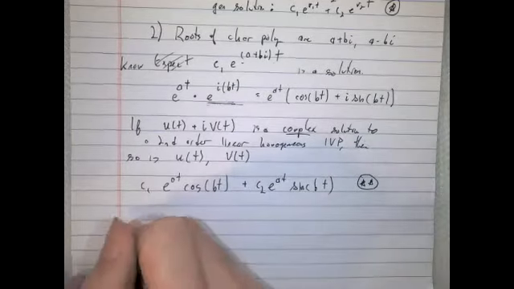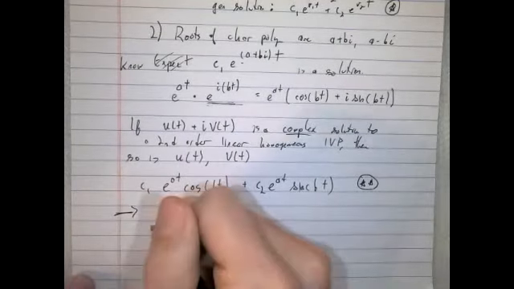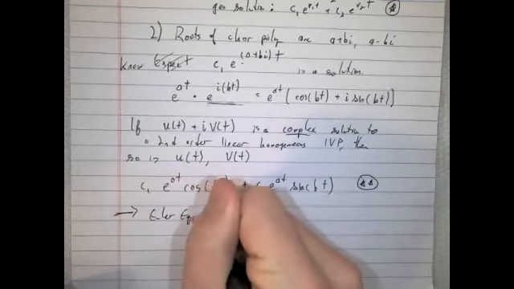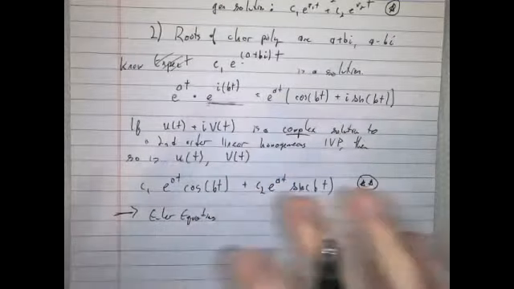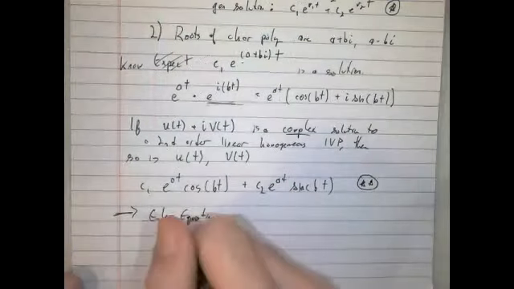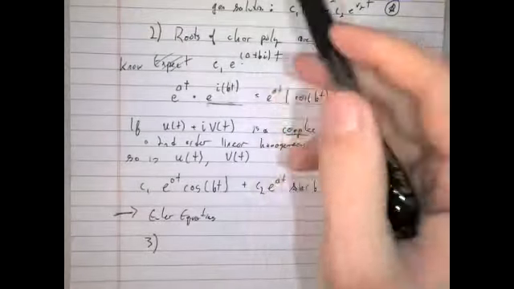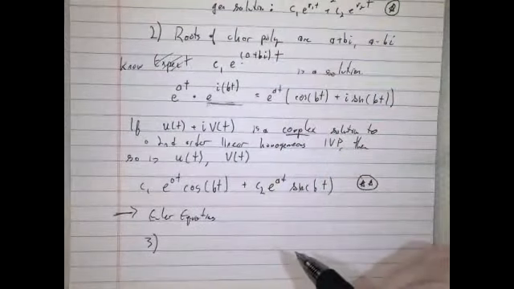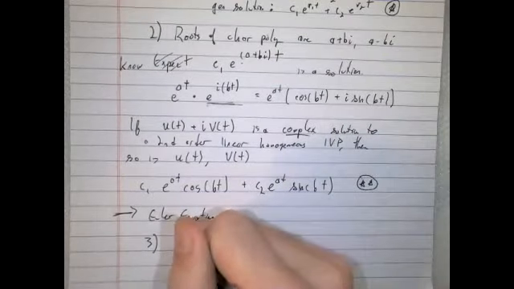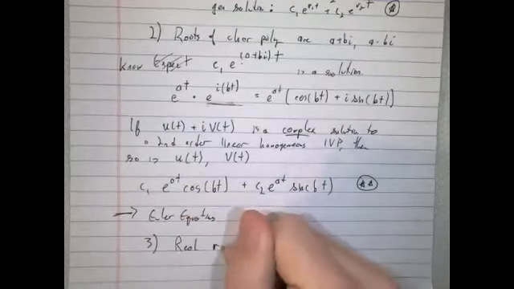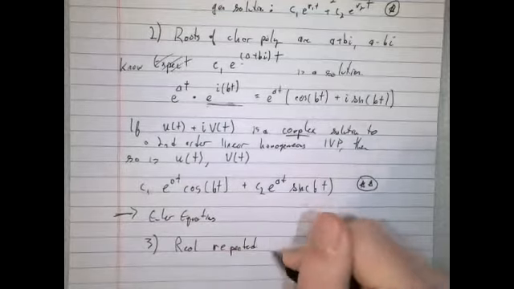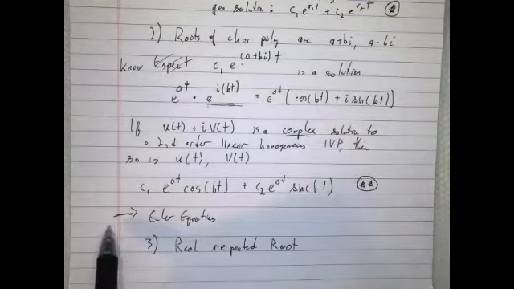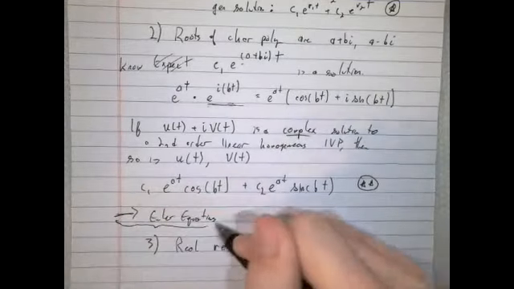So today what I'm going to do is first Euler equations, which are a little bit expanding on what we can cover here, and then we'll do the third case. What's the third possibility for a degree 2 polynomial in terms of its roots? Repeated roots. Yeah, third case is a real repeated root. So we'll get to this today. But first I want to cover Euler equations.